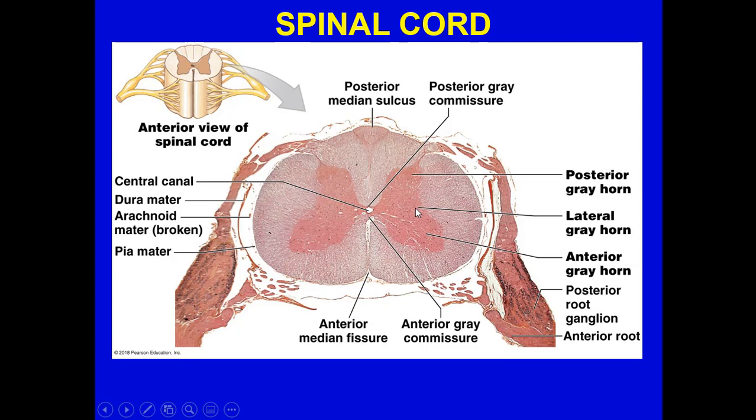The lateral gray horn here is going to be found only in thoracic and lumbar, and that is going to be controlling autonomic functions for the sympathetic autonomic nervous system. All right. The posterior gray horn is receiving sensory information here.